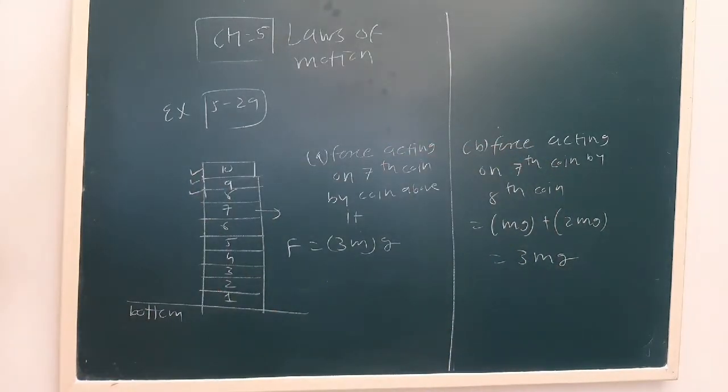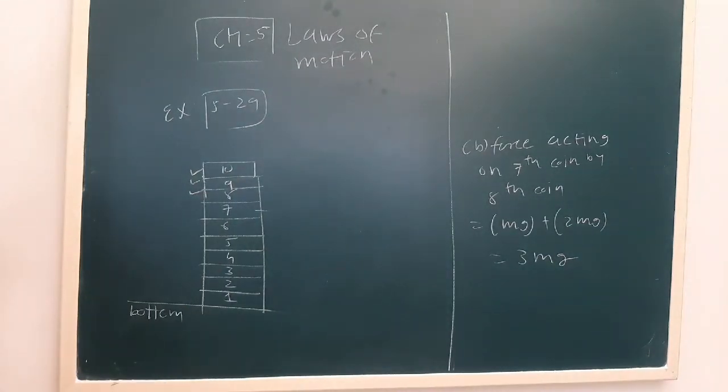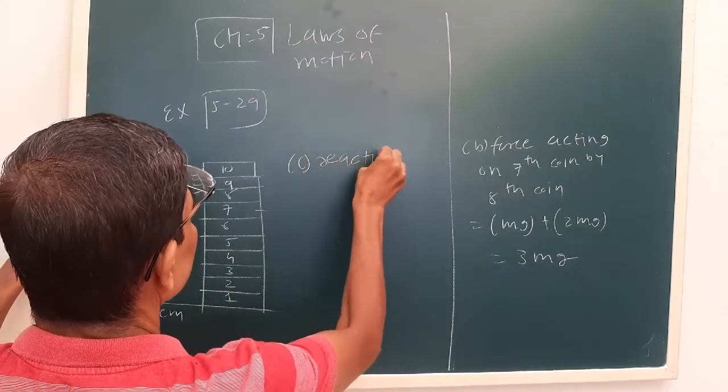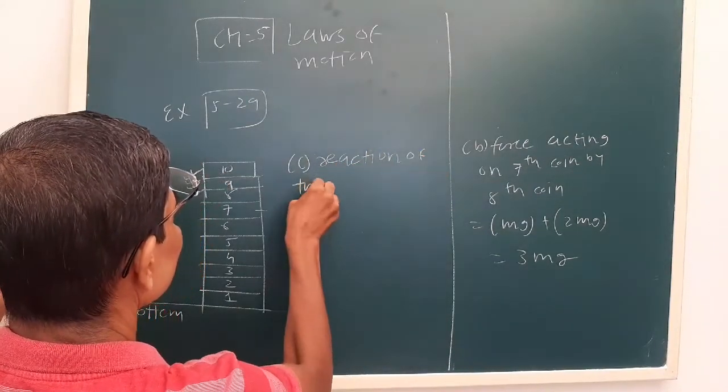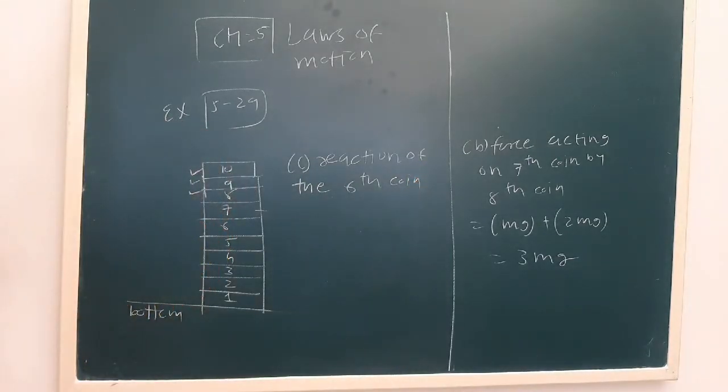Now see the third part of the question. The third part of the question is like this: the reaction of the 6th coin on the 7th coin.